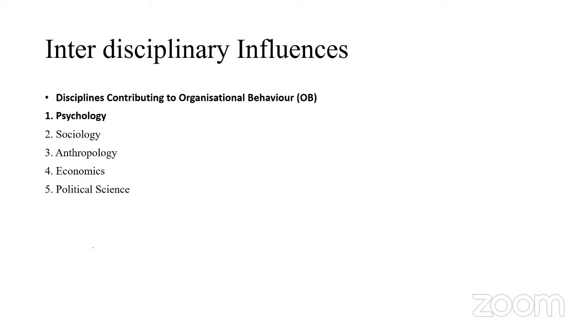Sociological insights, they help organizations understand the effect of culture on human behavior, effect of culture on diversity, effect of culture on employee inclusion. What is the role of institutions and systems in shaping organizational practice? All that we get from sociology.